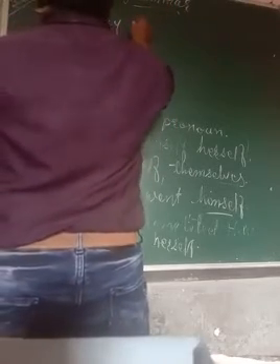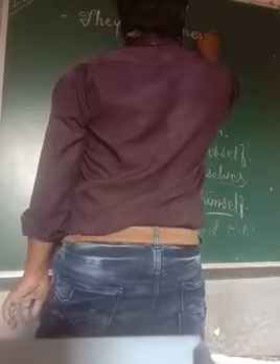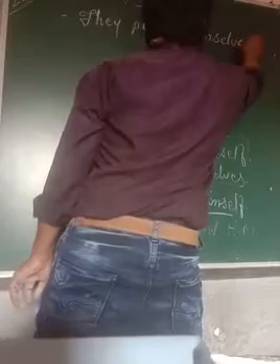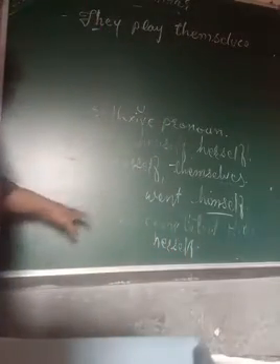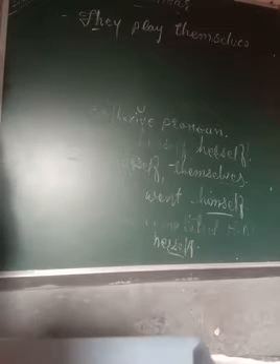They play themselves. So there is plural, so themselves is taken, S-E-L-V-E-S, like that. Okay. And he, she are singular, so S-E-L-F is taken. Himself and herself. So look there, both the subject and the object are same. Okay, so in this case they are called reflexive pronouns.